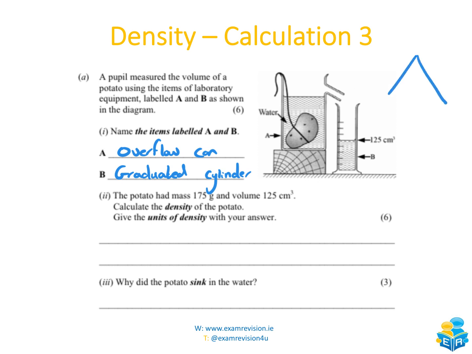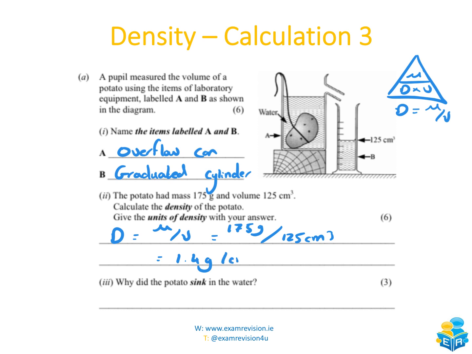So quickly up here, just again, we have our MdV triangle. So density is equal to the mass over the volume. So we write that down over here. Density is equal to the mass over the volume. The mass was 175 grams. The volume was 125 centimetres cubed. And we pop that into our calculator and we'll end up that the density is 1.4 grams per centimetre cubed.